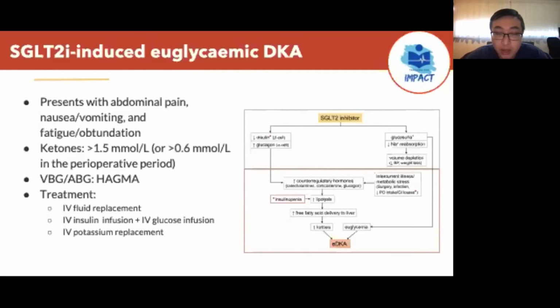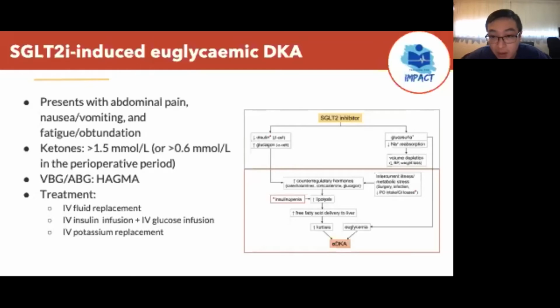So SGLT2 inhibitor-induced euglycemic DKA presents in much the same way as usual DKA, except serum glucose is normal. So patients present with usually quite an acute onset of abdominal pain, nausea, vomiting, and fatigue and obtundation. If they get admitted to ED, if you perform a finger prick ketone level, you'll find that it's elevated, usually above 1.5.